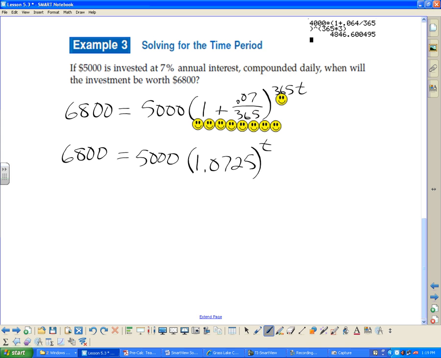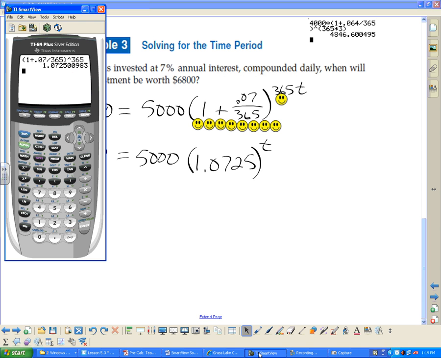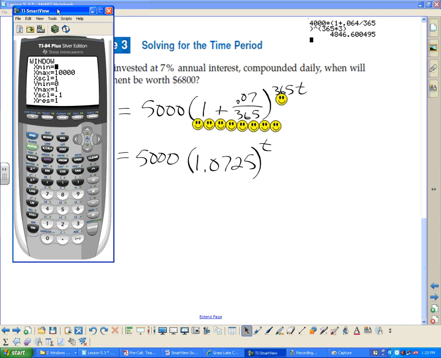And so now we'll go ahead and put the rest of this into our y equals to find our answer. So we've got 5,000 times 1.0725 raised to the power of t, and 6,800 here. So we're not sure, so let's look at our window. We're not sure how many years this will take, but let's check and see if 10 is enough.